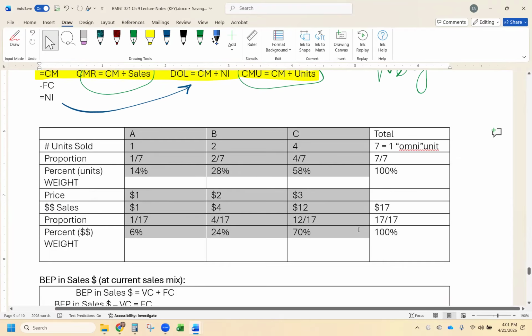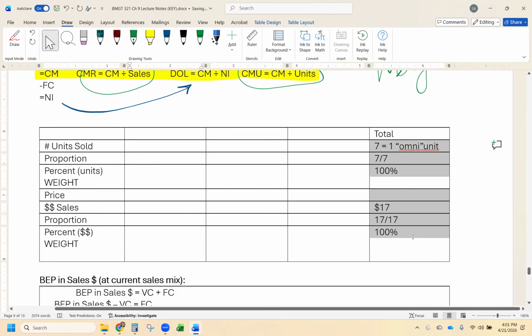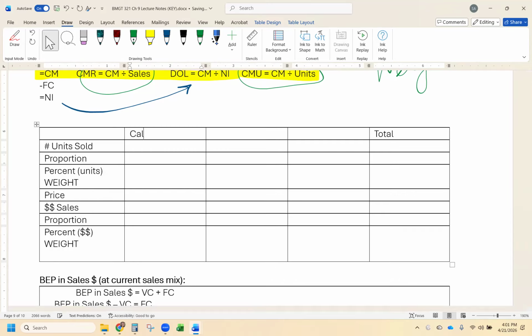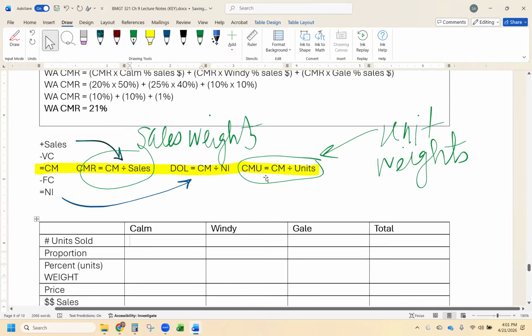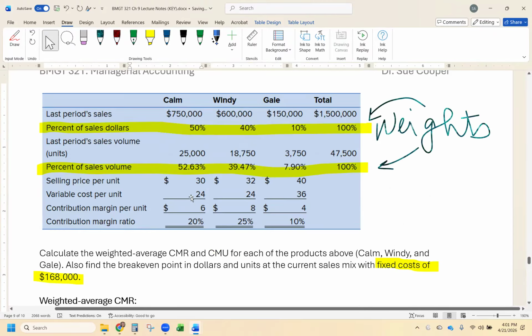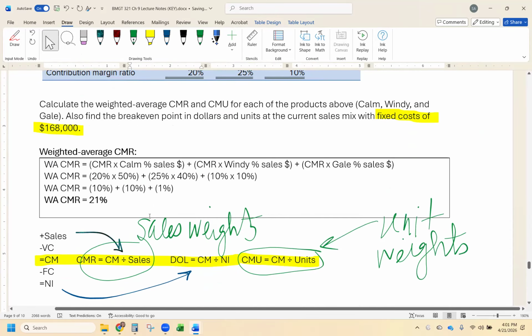All right, so I've got my calm and windy and gale here. And it's up in the problem. It's got all of the numbers for me already laid out.